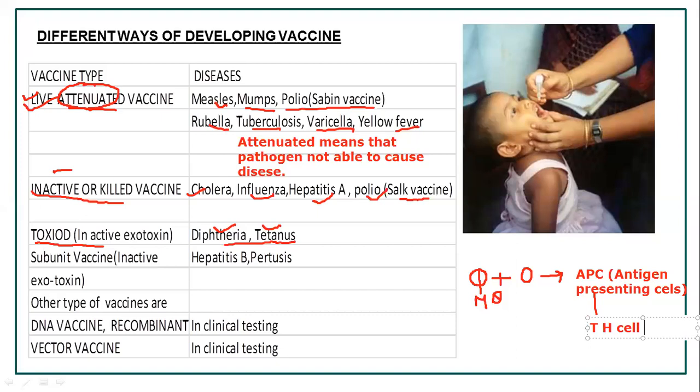TH cells activate the B cells, or B lymphocytes. B cells convert into two types: plasma B cells and memory B cells.